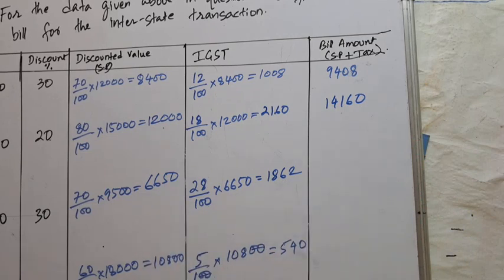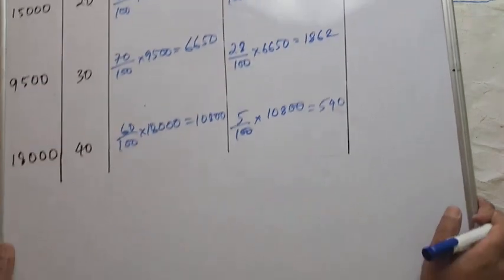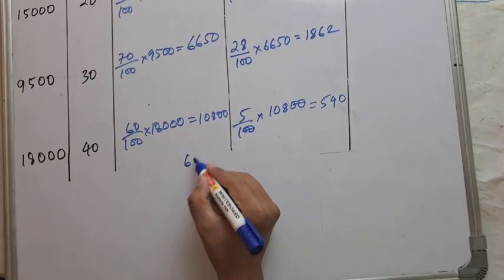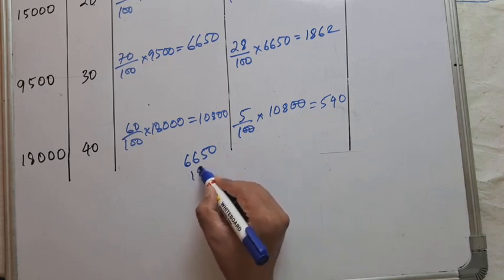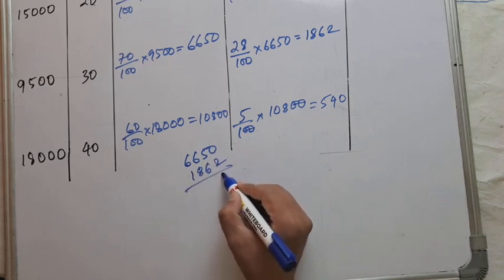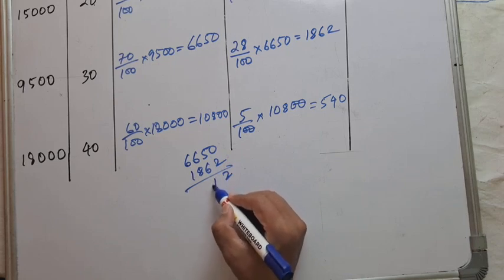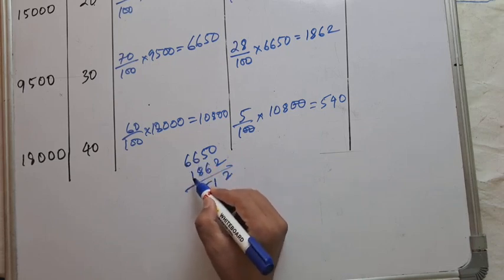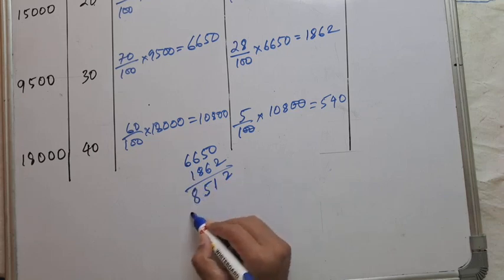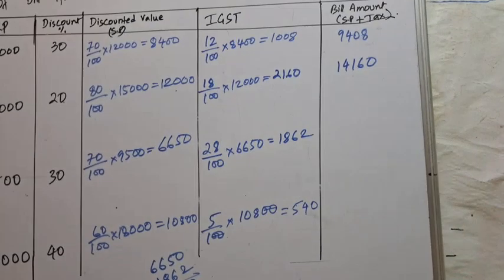So let us add up the selling price and tax. 6,650 plus 1,862. 2, 6 plus 5, 11, 1. 8 plus 6, 14, plus 1 is 15. 6 plus 1, 7, plus 1 is 8. 8,512.